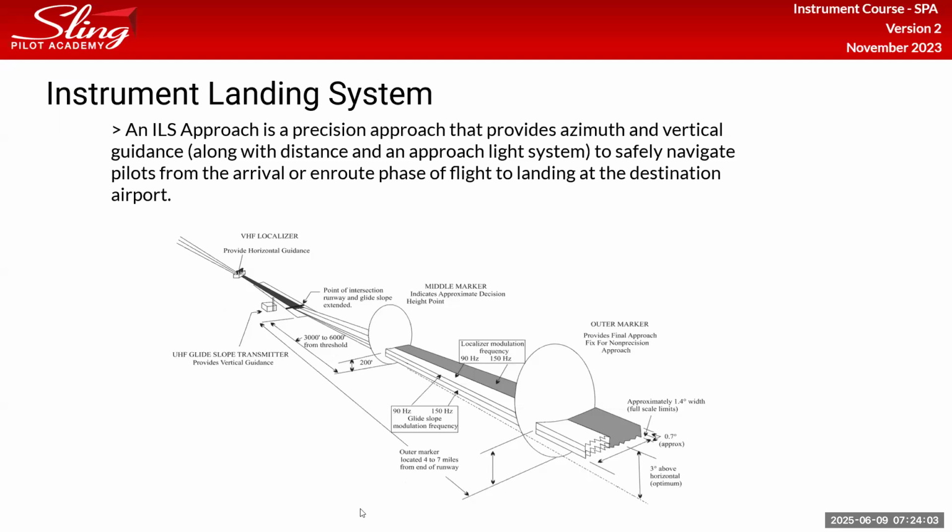A localizer approach just uses that localizer, with no vertical guidance. Gillespie Field only has the localizer equipment, those reddish-orange antennas at the end of the runway. ILS has the localizer equipment, but they also have the glide slope equipment, which you'll see on the airport. It's kind of like a little tower box looking thing. So it just depends on the airport, but we don't have that glide slope.